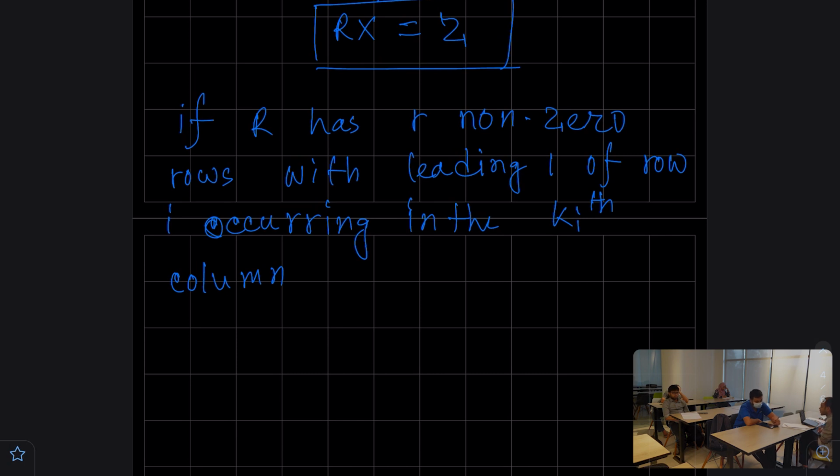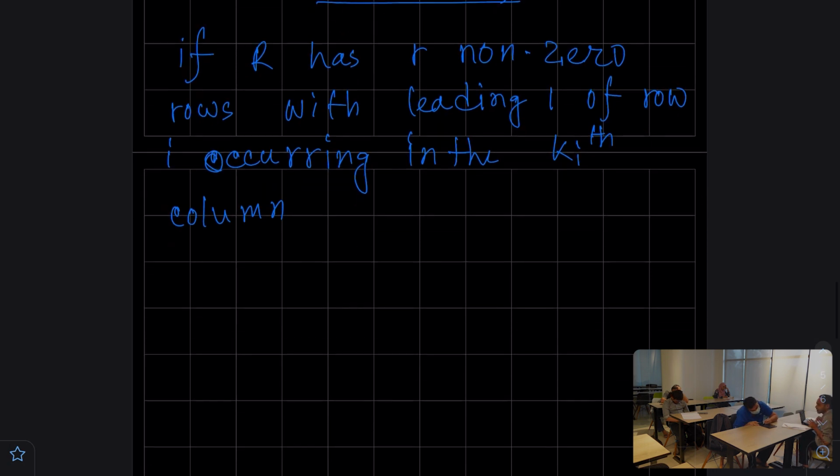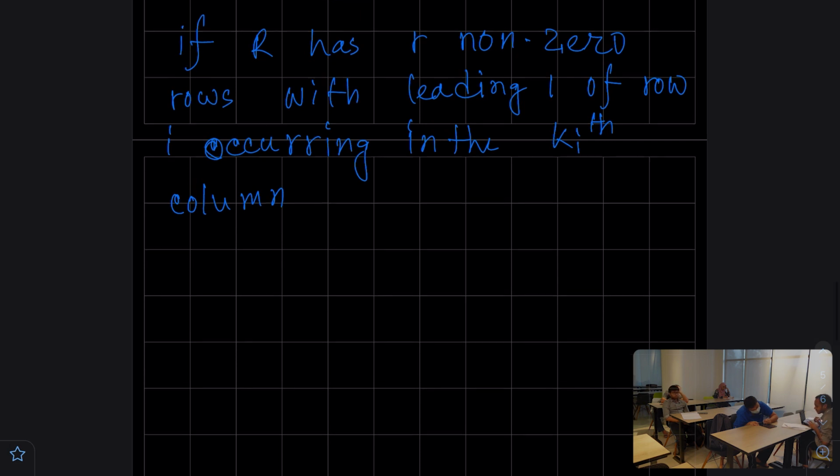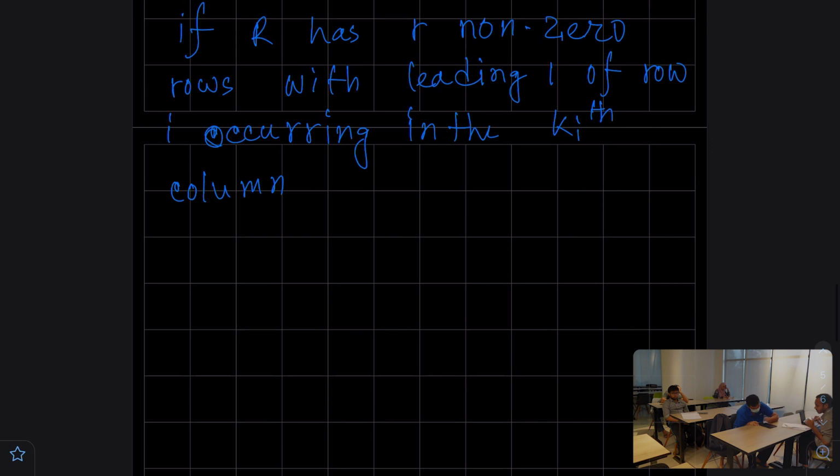Since there are r non-zero rows in this row reduced matrix R, that means there are r leading variables in this system, right? And how many free variables in this system? n minus r. So n minus r free variables in the system.